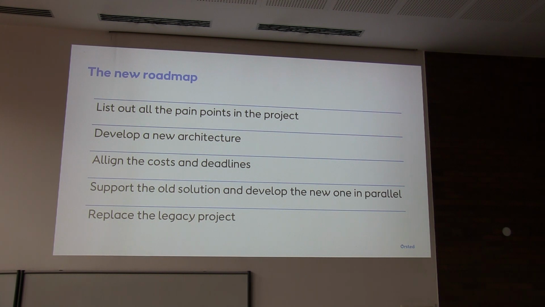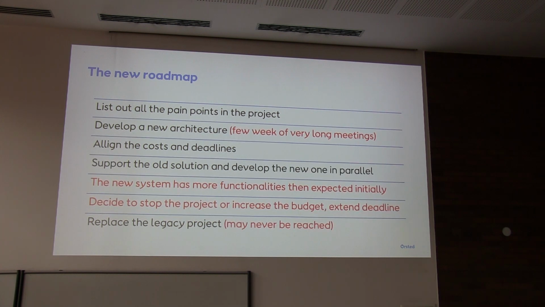Initially we tried this one, and here is what I learned. First of all, the first three points are fine. You gather, you are ambitious, you talk about things you want to do, and then on the fourth point, where we had to support everything in parallel, that's where we stopped.